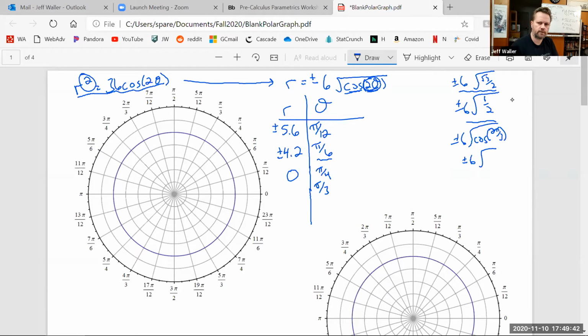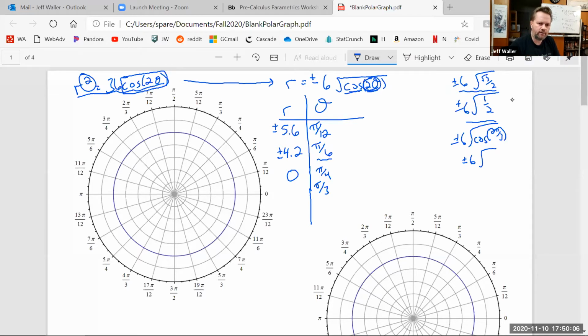Negative 1/2. Yeah, it's negative. So anywhere that this is negative can't be a part of this, because do you want to even imagine what it would be like if we included the possibility of imaginary numbers with polar coordinates? No, you don't want to do that.